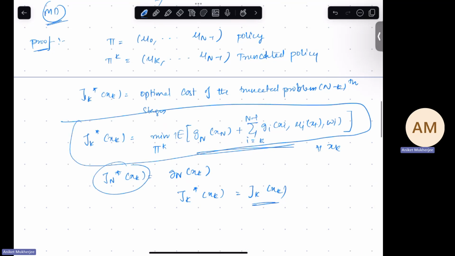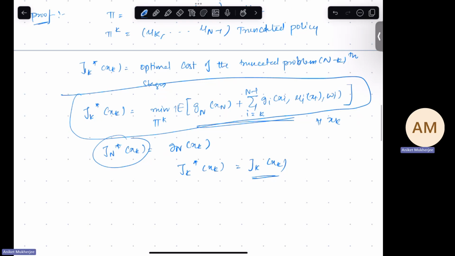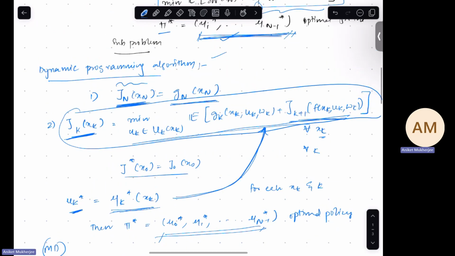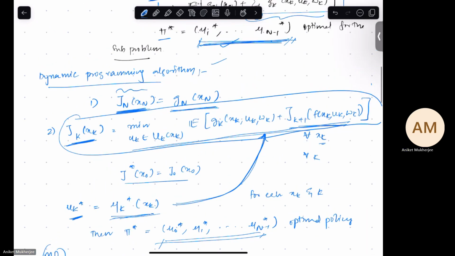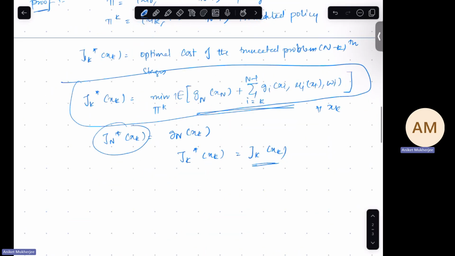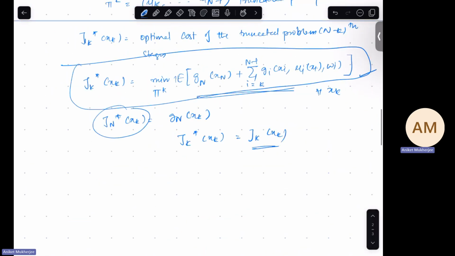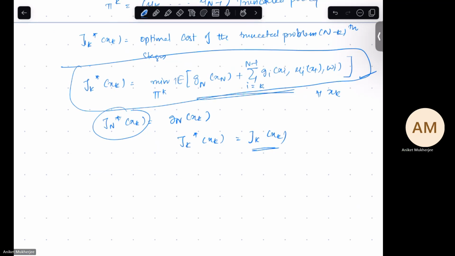If both of them are the same, then if you follow this dynamic programming algorithm, the policies that you get are the same as optimizing all your sub-problems. So this was your dynamic programming result, and we showed it by induction.